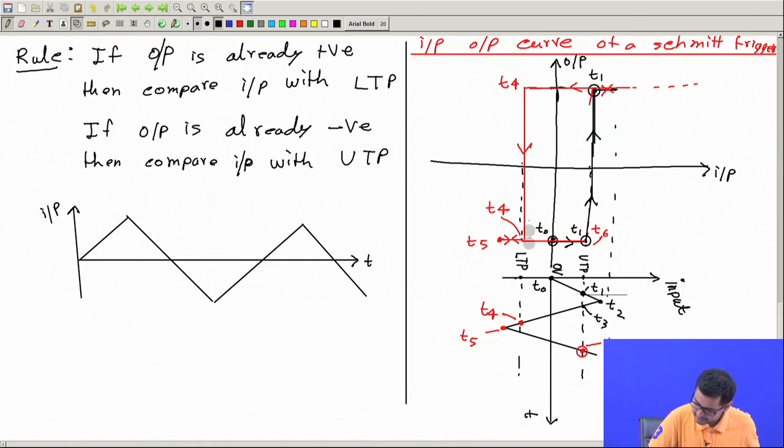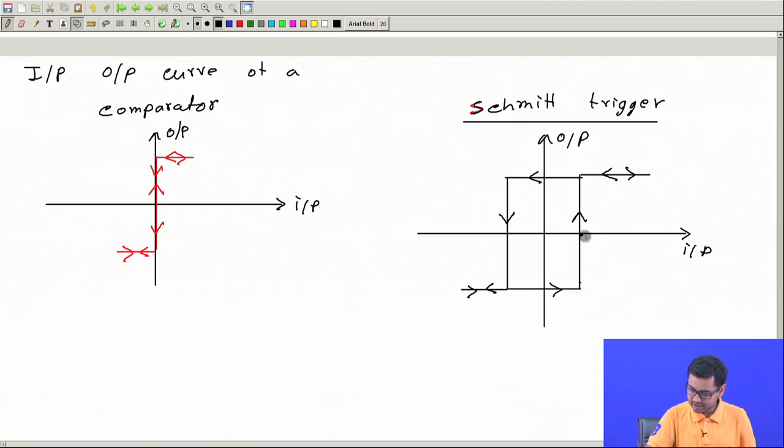This is nothing but the lower trigger point. So this is input equal to lower trigger point, LTP, and similarly this point is the value of input equal to upper trigger point, UTP. So here also this is UTP, this is LTP, lower trigger point.